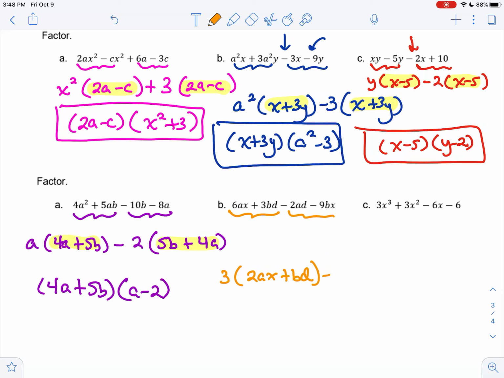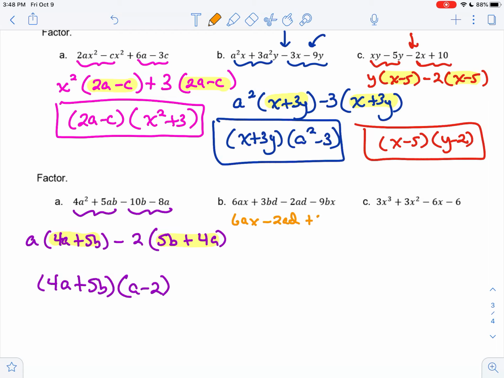I don't see any common factor. So what I might want to do on that one is maybe rearrange the terms a little bit. So let's start over and rewrite this expression now. I know that if I put together 6ax with the minus 2ad, I could factor something out. I see an a and a 2 that could come out.